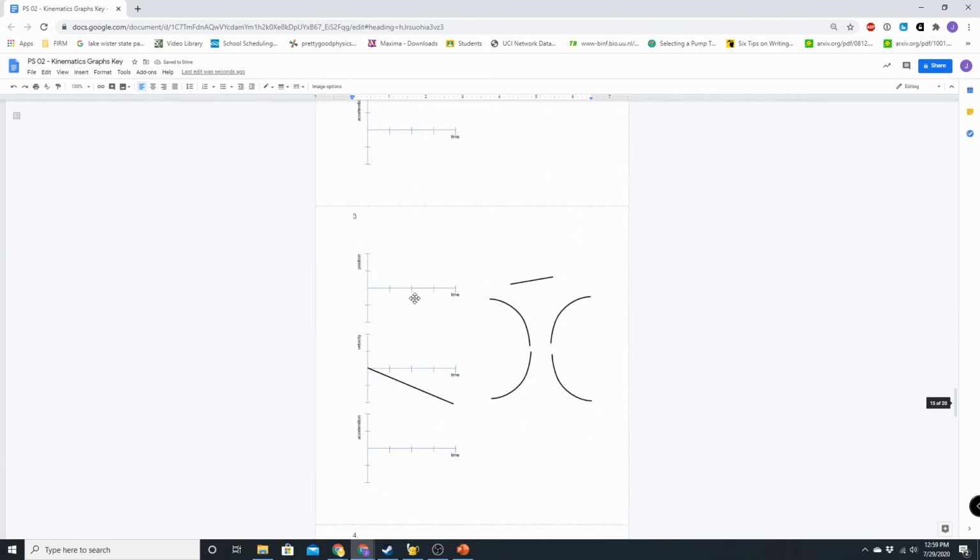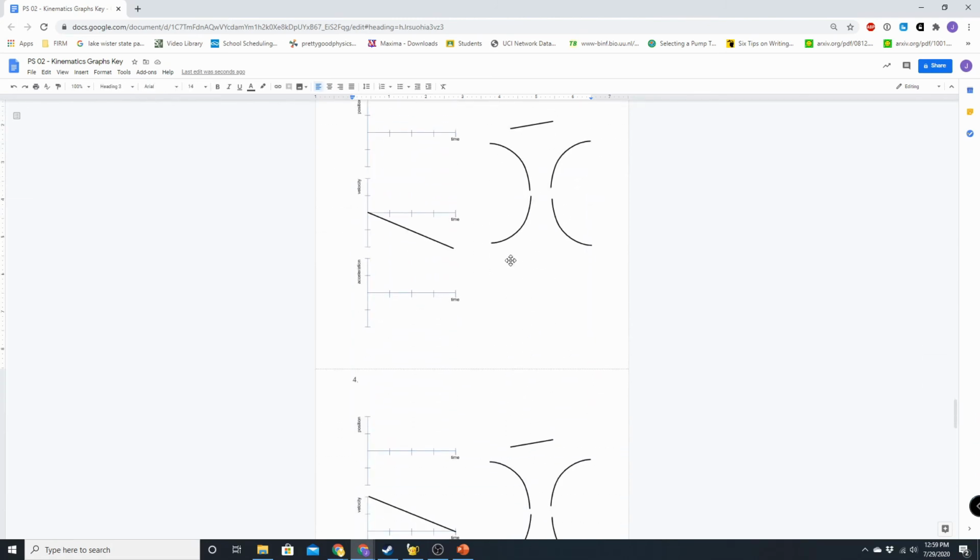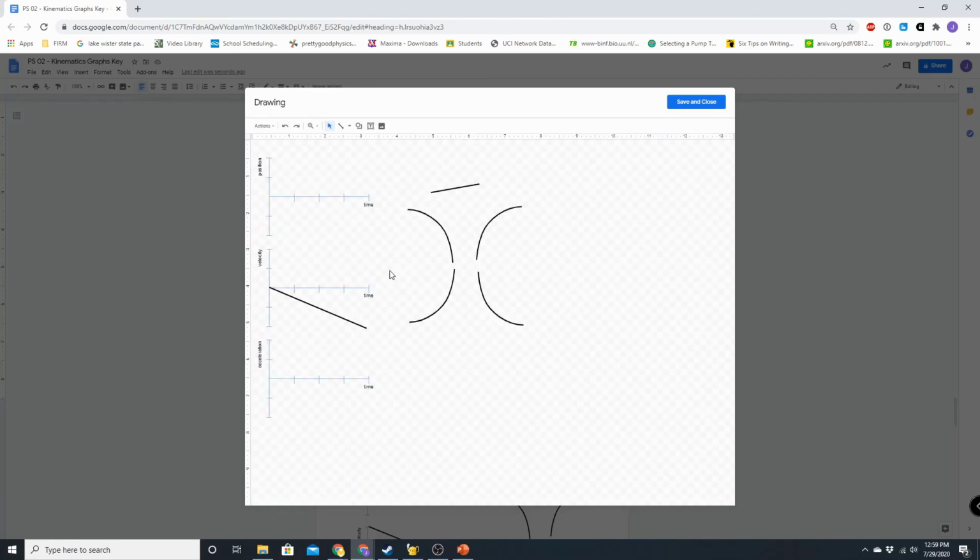Here's one that's a little different than we've done before. So now we have a velocity graph that's going in the negative direction and is getting farther away from 0. So how would we describe that motion? It's going to the left or downward, whatever our coordinate system is, and it is speeding up because it's getting farther from 0.